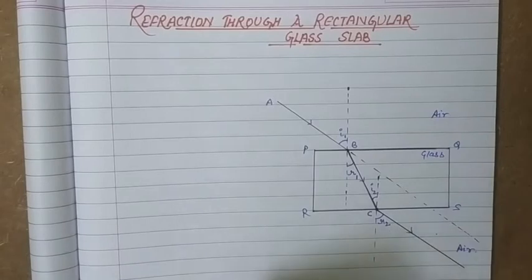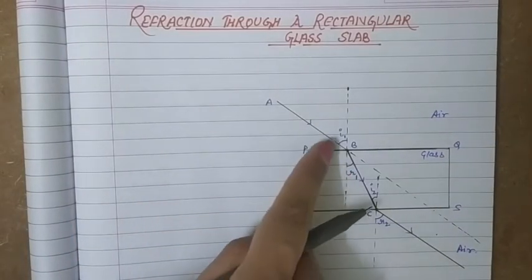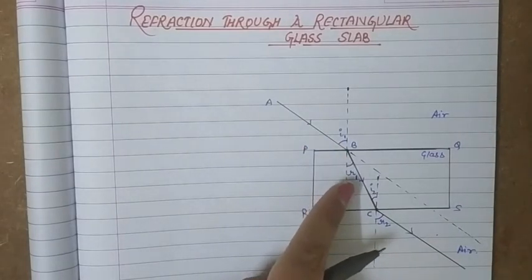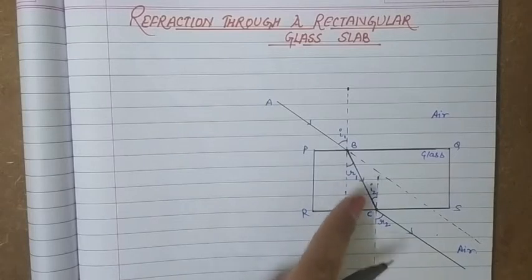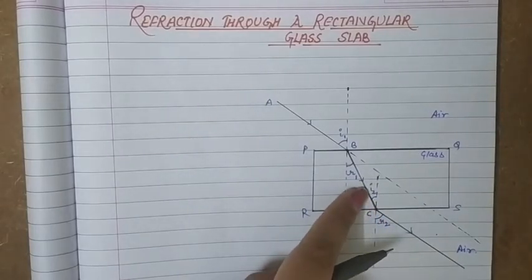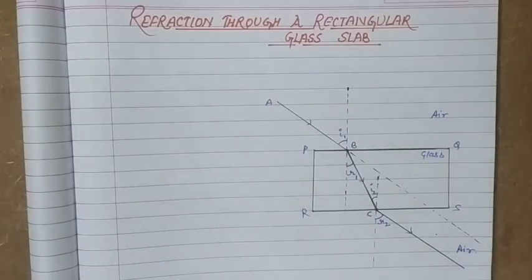When the light ray passes from air to glass, its angle of incidence is I1 and angle of refraction is R1. But after that, when it goes from glass to air at point C, its angle of incidence is I2 and angle of refraction is R2. So this is how we can draw the diagram.